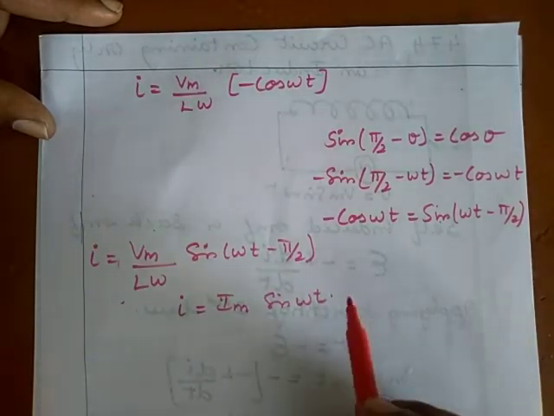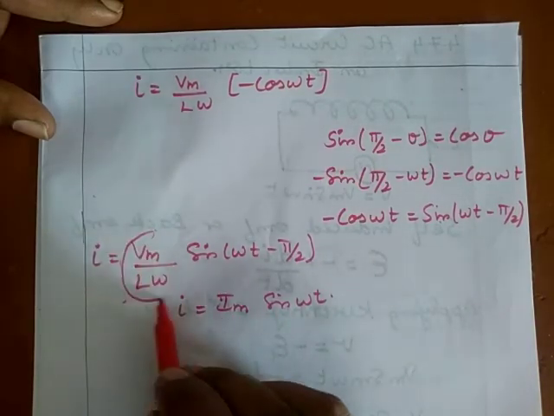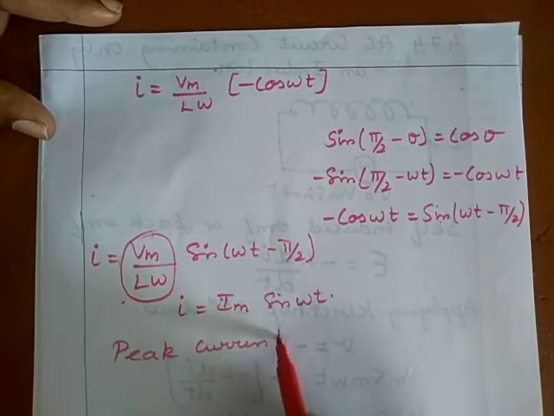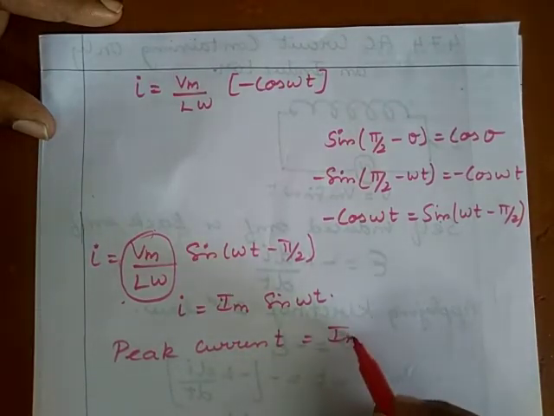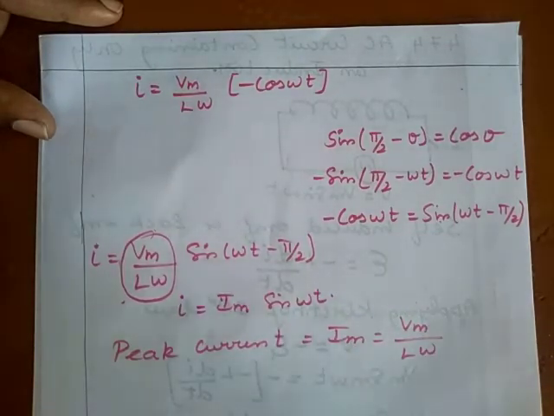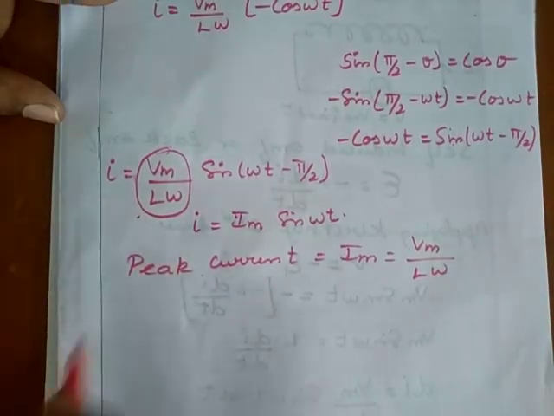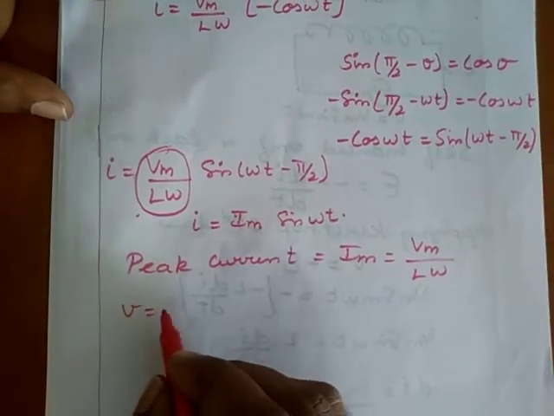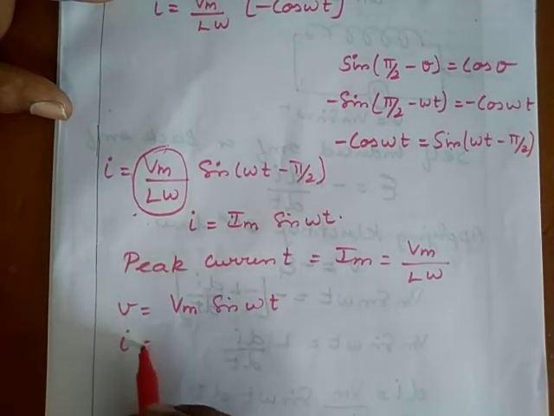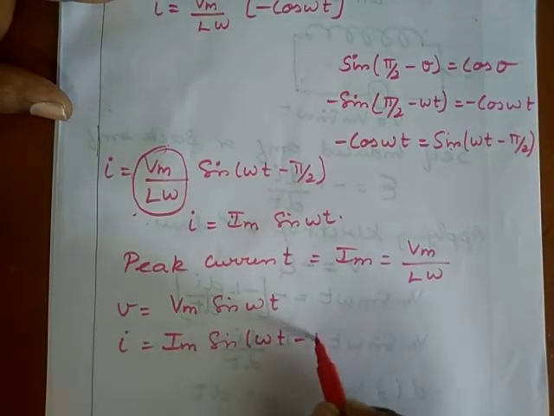Comparing the two equations, we get the peak current Im = Vm/(L omega). So V = Vm sin omega t and I = Im sin(omega t minus pi/2).